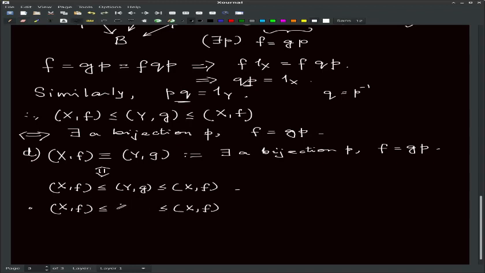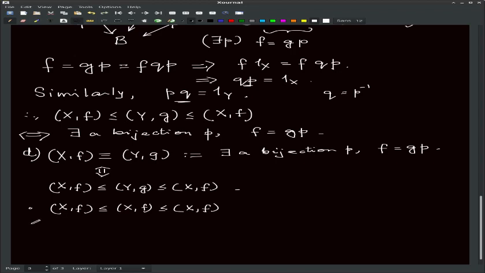So this is trivially true, right? Because I have already shown part A tells me this. So there is nothing more in this. Right? Yes, Doc.